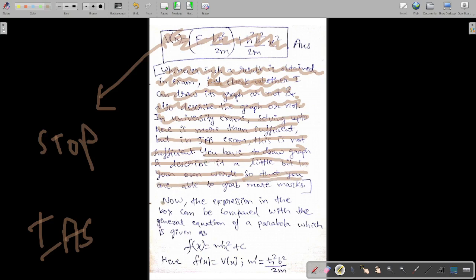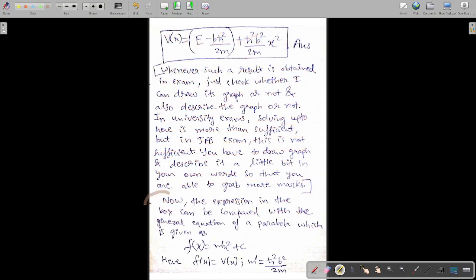Now the expression in the box can be compared with the general equation. Up to here it was a notification, I guided you up to here. The solution starts again from here. This expression in the box can be compared to the general equation of a parabola, which is f of x equal to m dash x square plus c.